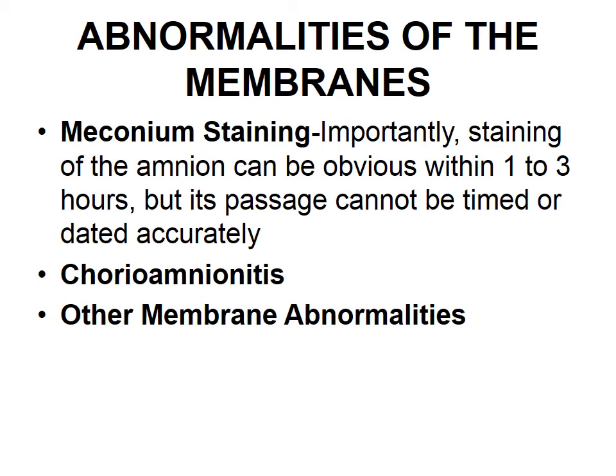Fetal passage of meconium before or during labor is common, with cited incidence that ranges from 12 to 20%. Importantly, staining of the amnion can be obvious within 1 to 3 hours, but its passage cannot be timed or dated accurately.